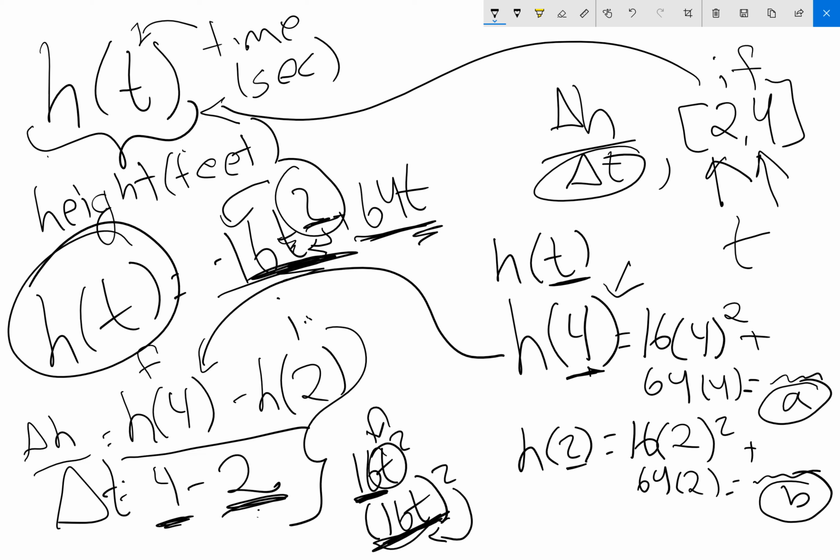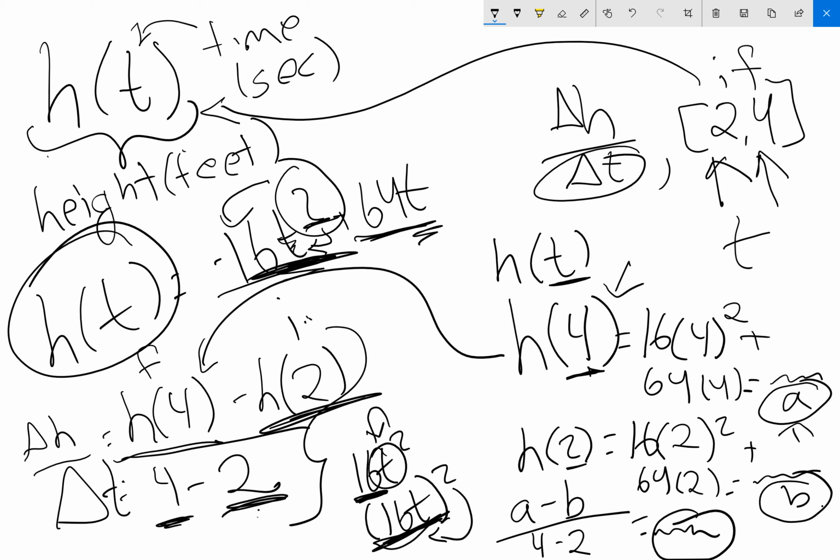Okay? So h of 4, we plugged it in, we got some number, called it a. h of 2, got some number, called it b. All over 4 minus 2. So once you plug that into your calculator, you'll get a final answer. Okay? So hopefully that makes sense.